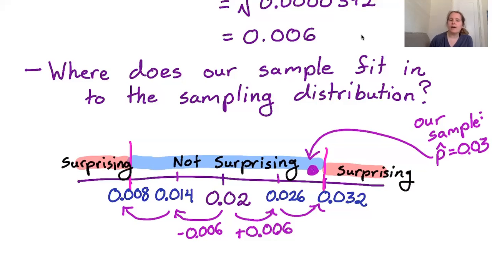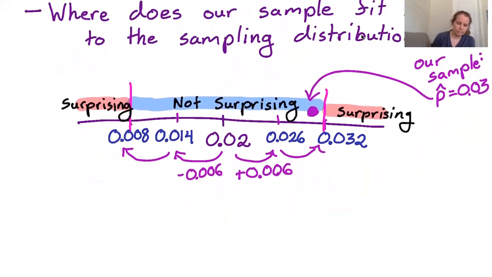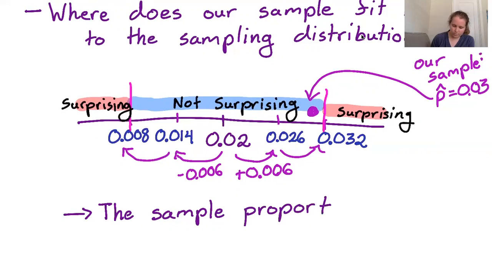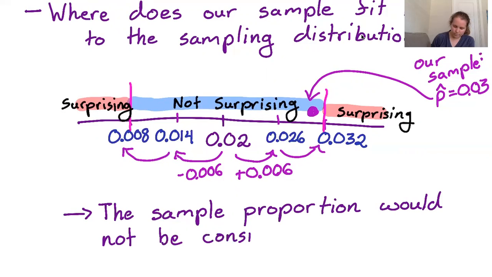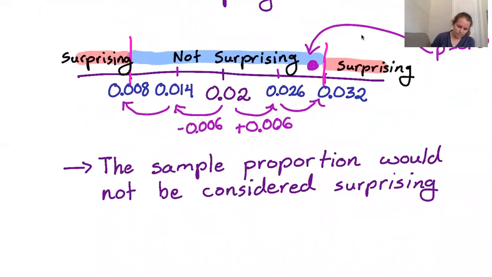So our sample is not surprising. The sample proportion would not be considered surprising if 2% of pencils were flawed in all.